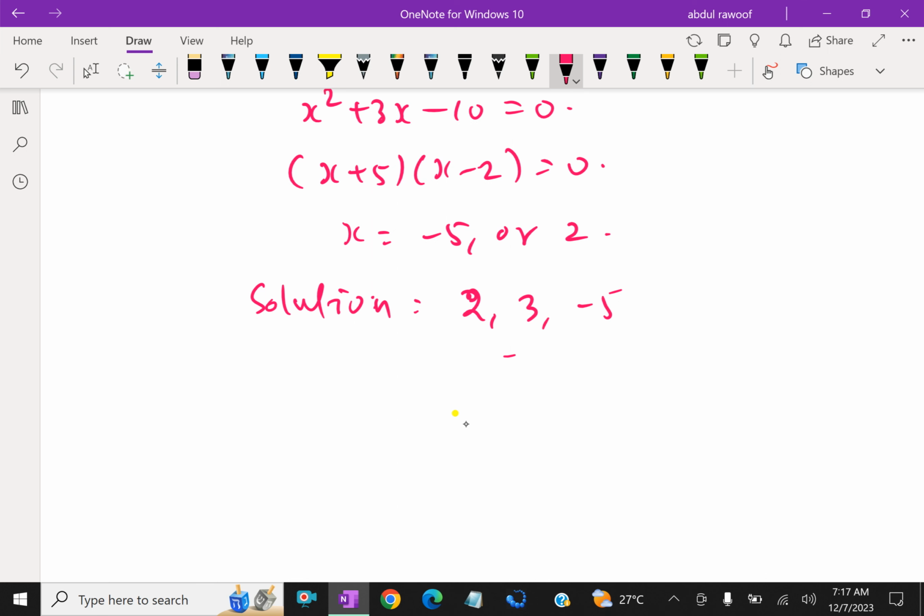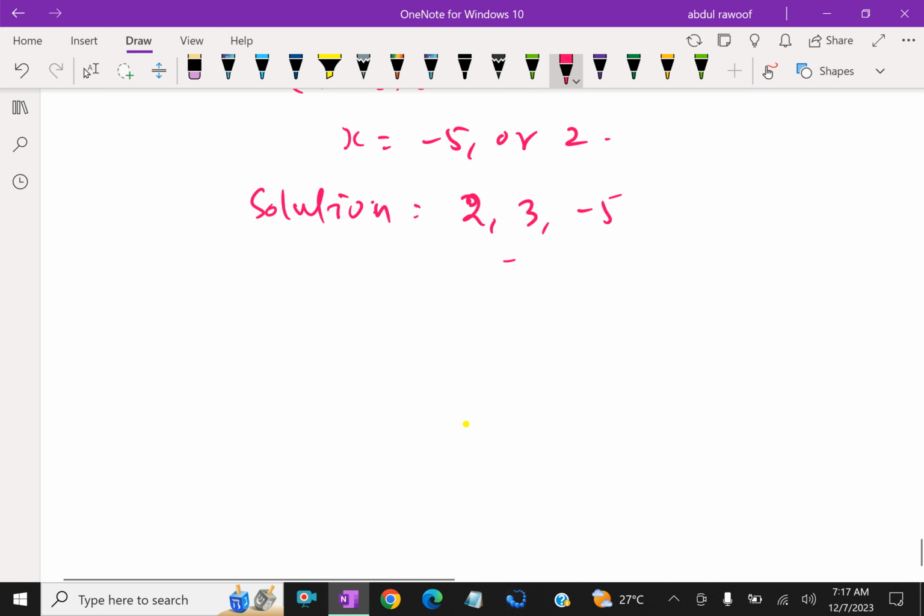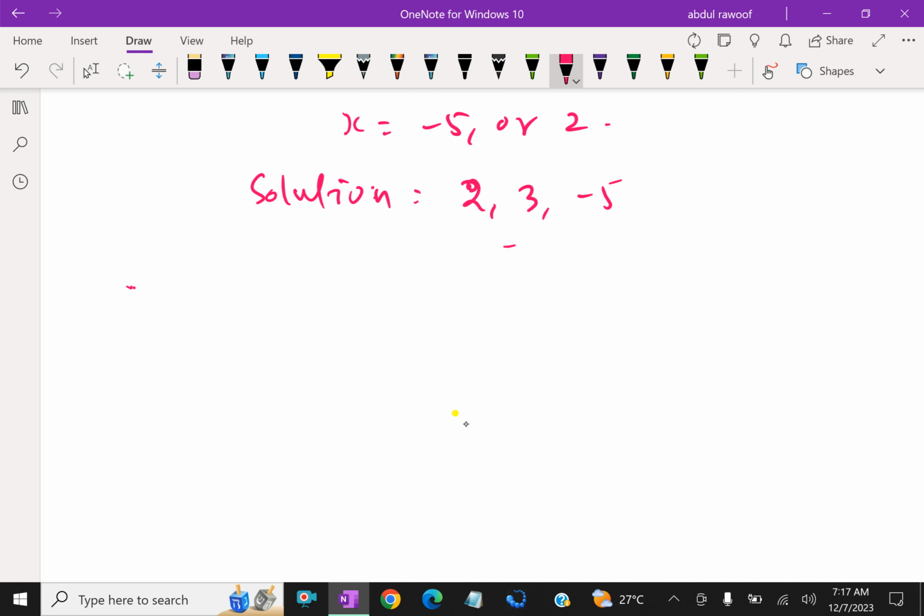Then, without further calculation, we have to sketch the curve. Look at here.